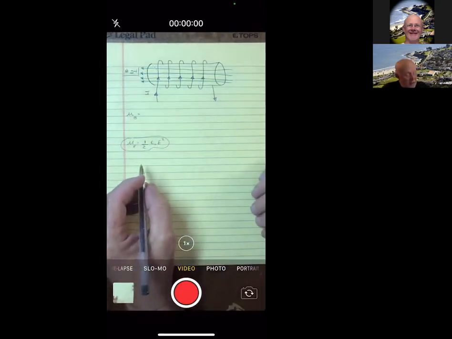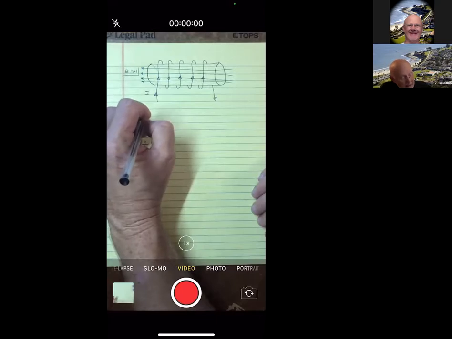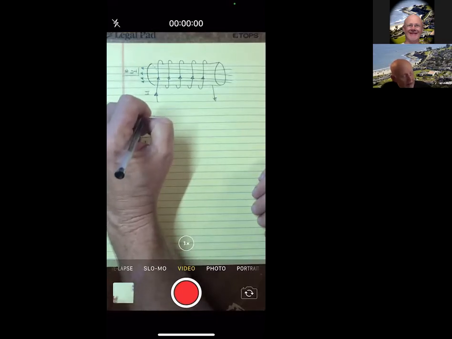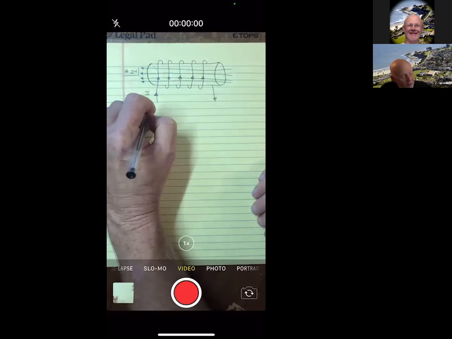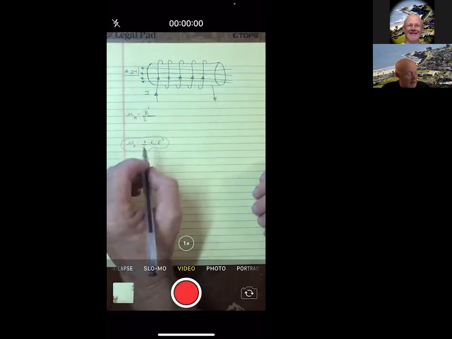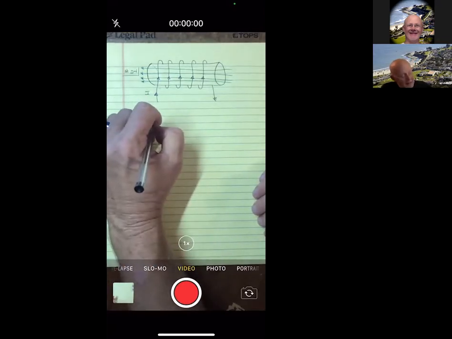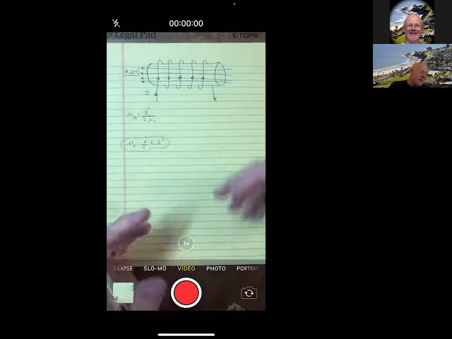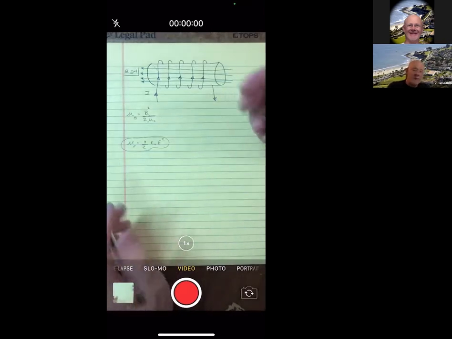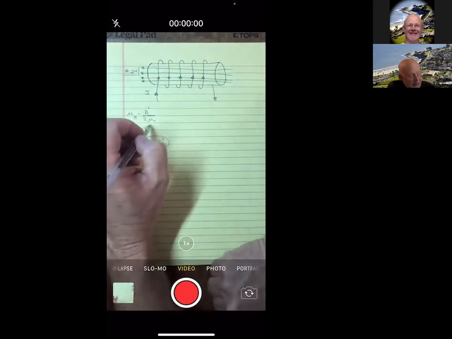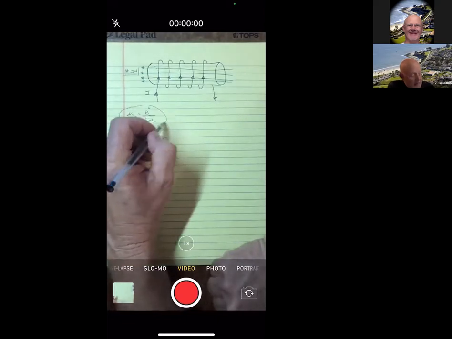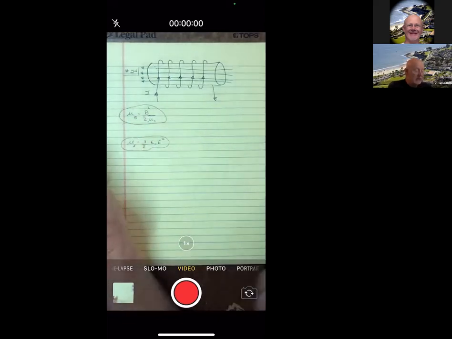And we have the same thing here. It is a little different. We still have the 1/2, and we still have the field squared, but because of the different properties of permeability versus permittivity, it's in the denominator here. But that's what this is getting at.